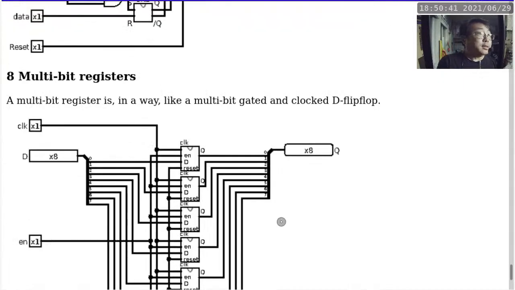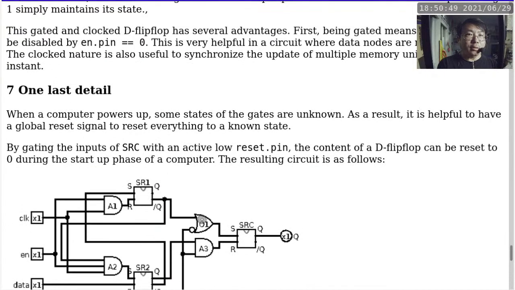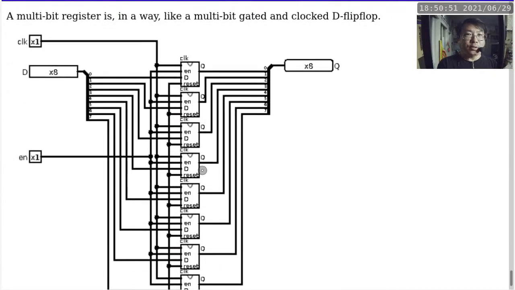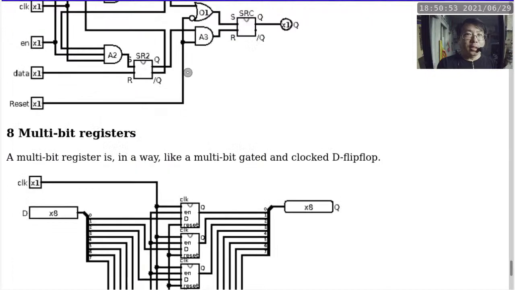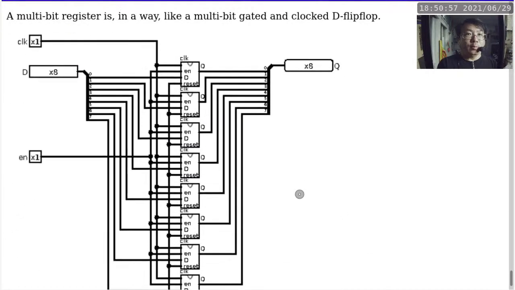Alright, so this is the last slide, and we are out of time. This particular slide is really just replicating this circuit here 8 times. Each one of these boxes is the same as this particular circuit, but the important part is how they are connected.